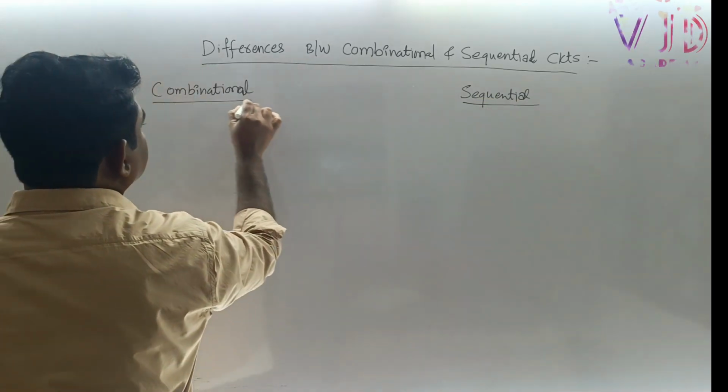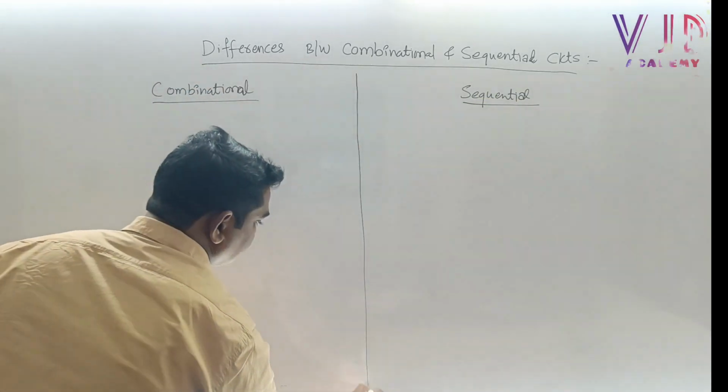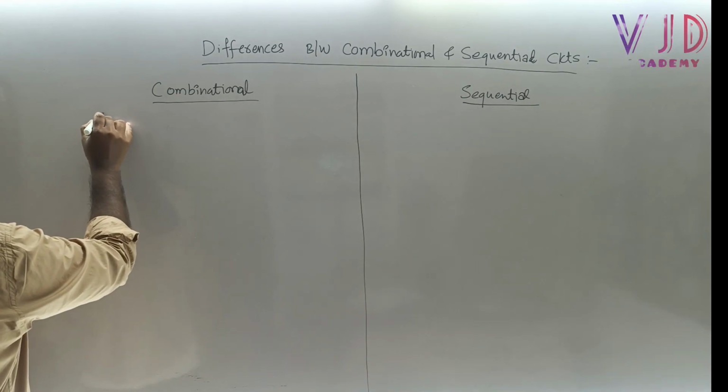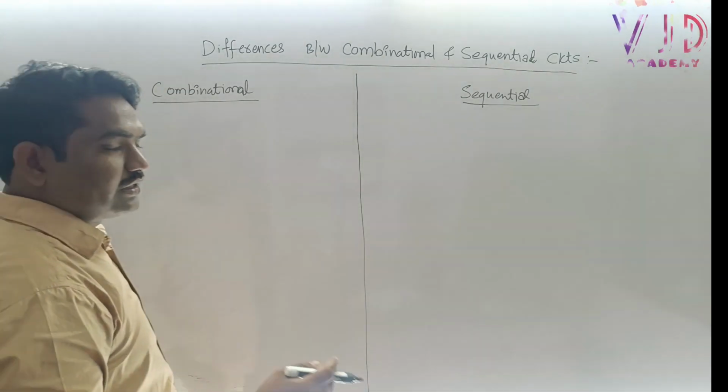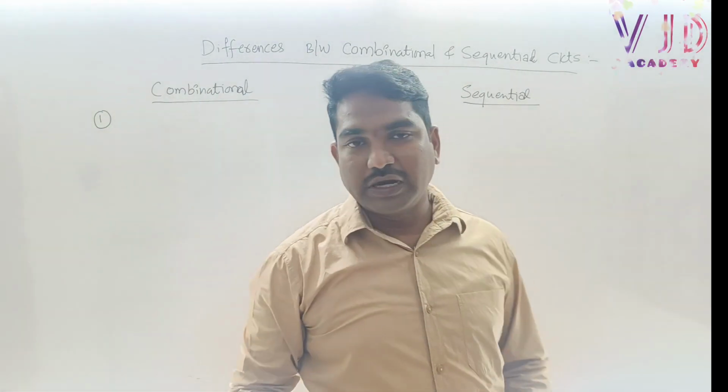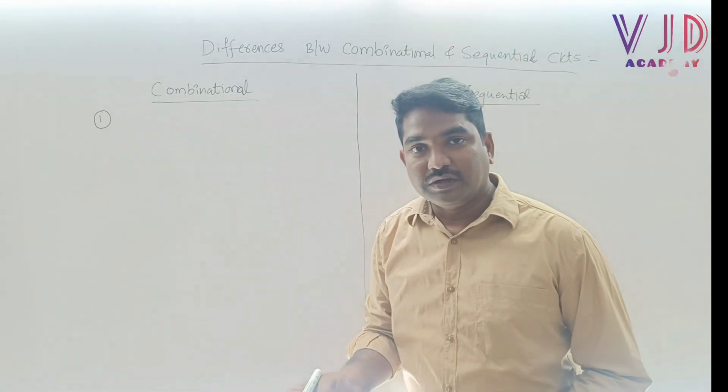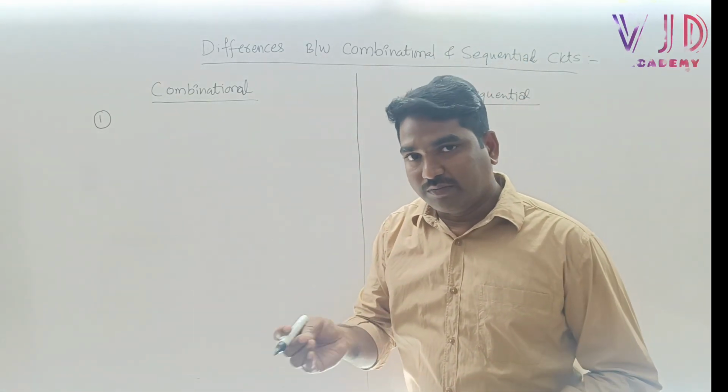So the first difference I would like to write here. We have learned already what combinational circuits are and what the basic steps are before we design any combinational circuit.